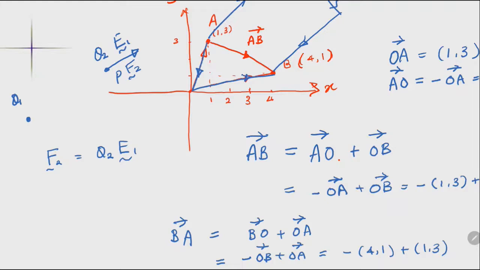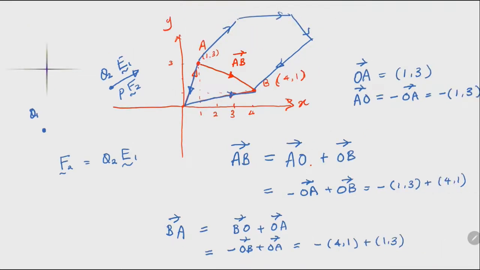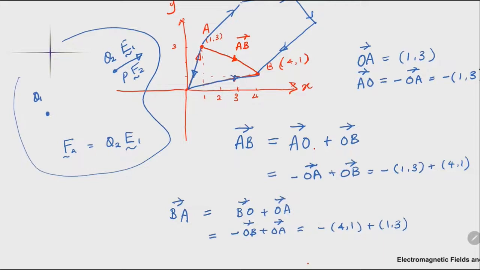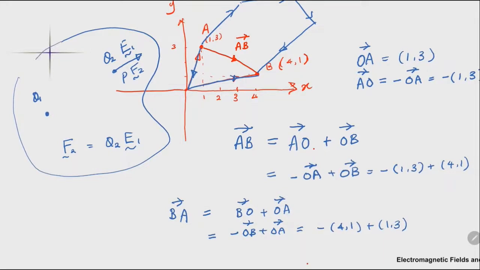The other issue is Coulomb's law itself in terms of vectors. So this is one, and that is on the vector. The other one is Coulomb's law. Coulomb's law is always defined, so I have Q1, Q2.